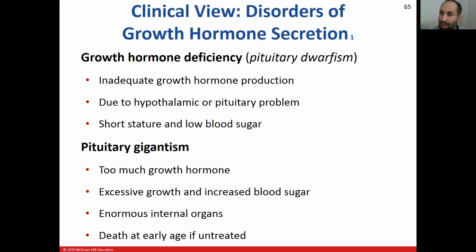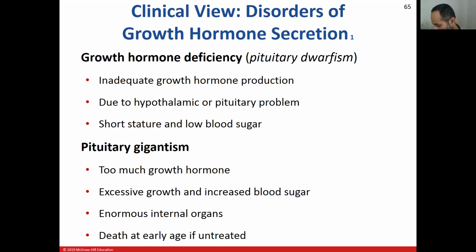So they tend to suffer from congestive heart failure because the heart has to pump against so much mass. It has to supply a lot of mass there. And the kidneys fail because they have to filter out, again, that much more stuff from the body. So congestive heart failure and kidney failure, chronic renal failure, are the two chief causes of death in people with too much growth hormone, okay?